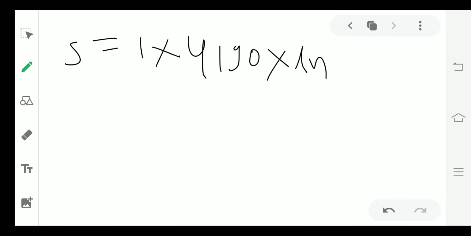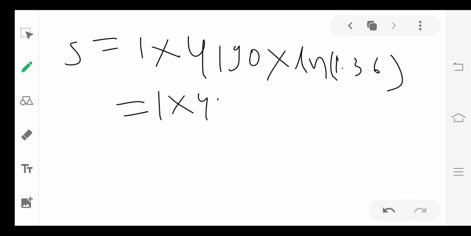Now S equals 1 into 4190 into ln 1.36, because 373 upon 273 becomes 1.36. The value of ln 1.36 is also given.